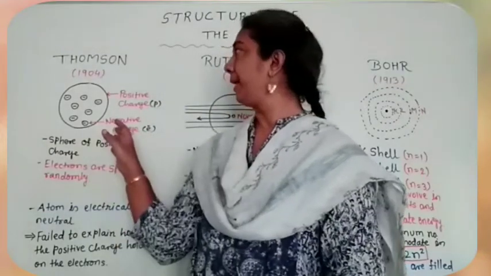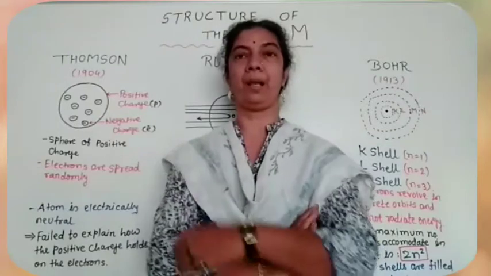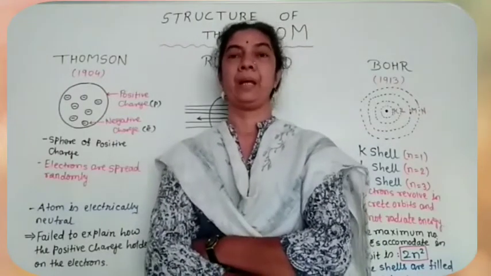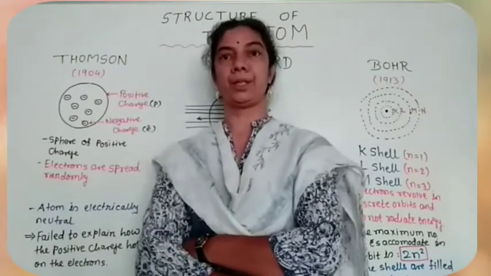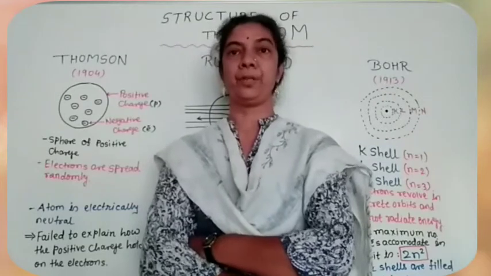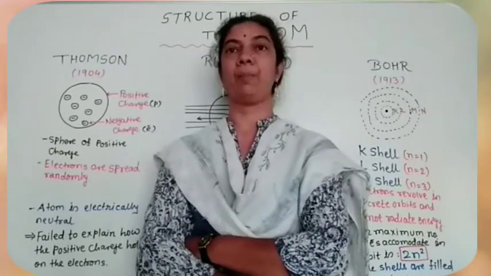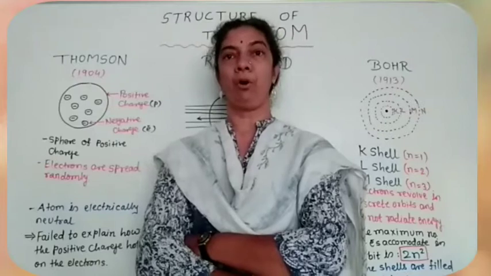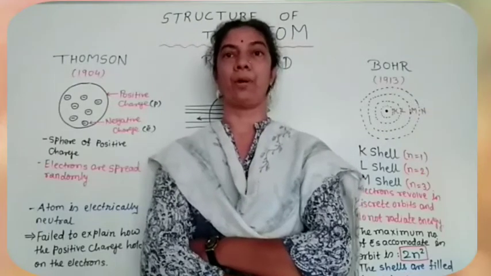A very primary and simple model was given by the scientist J. J. Thomson, which was known as the plum pudding or watermelon model also.